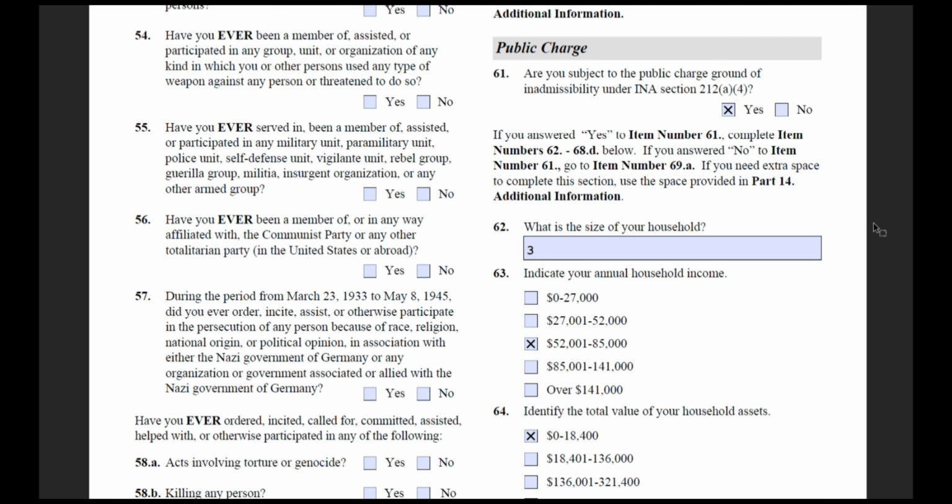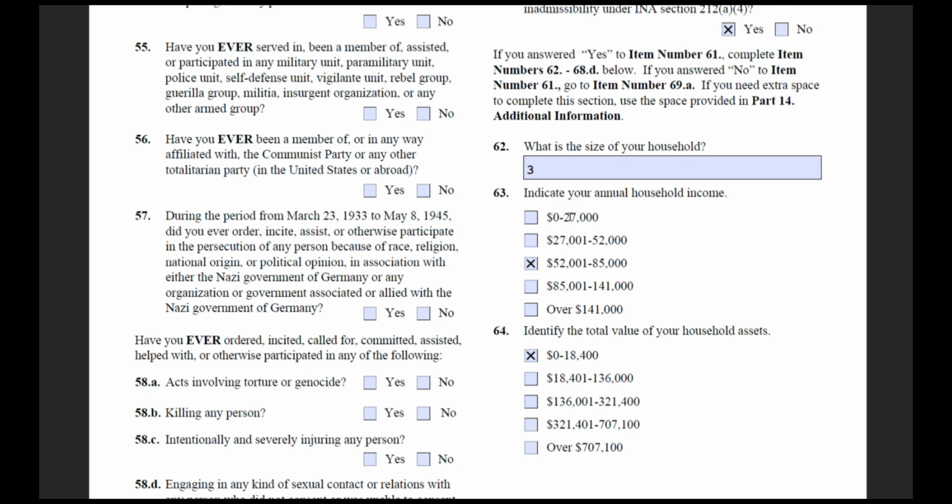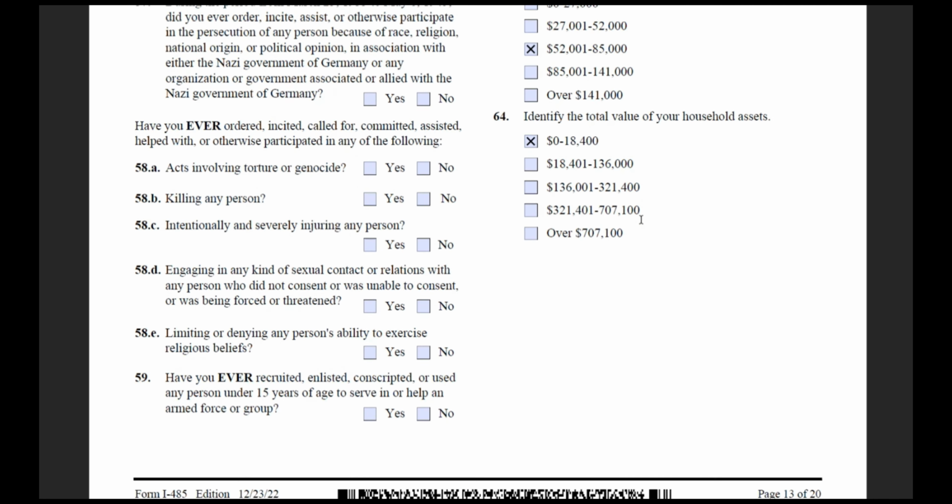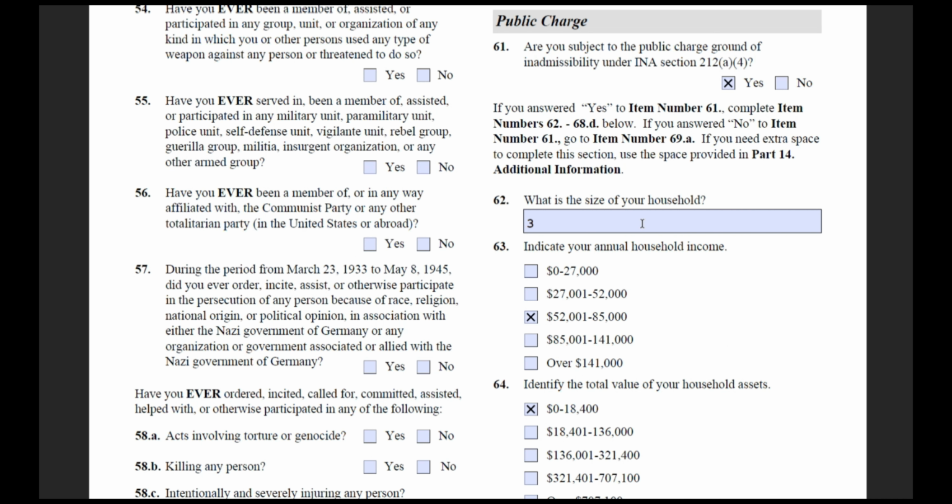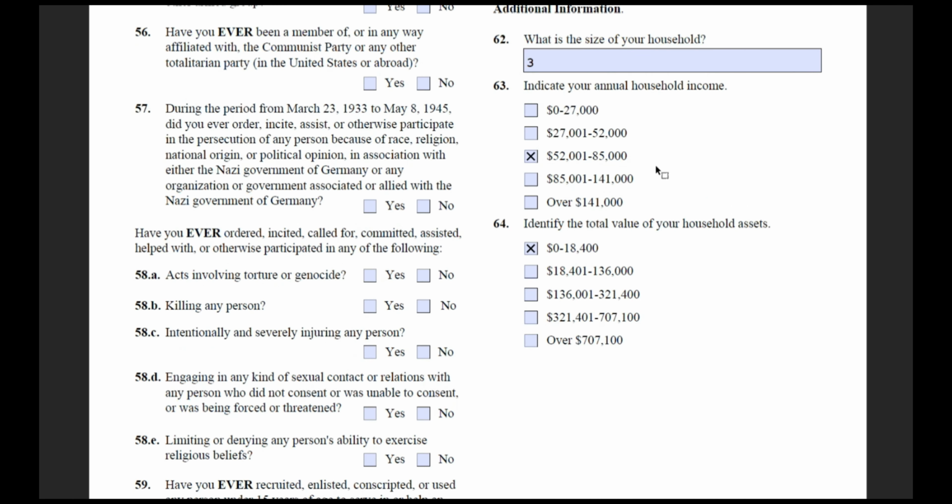instructions to this form. And finally, another question that you may have is, do you need to provide any types of evidence in regards to these questions? After reading the instructions and the DHS briefing, they did say that although you are not required to provide any additional evidence with this form, if you choose to do it, you can, but you're not required to do so.